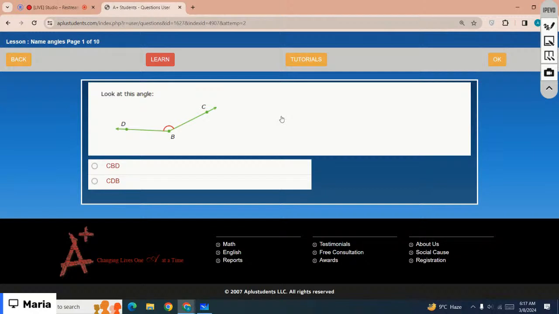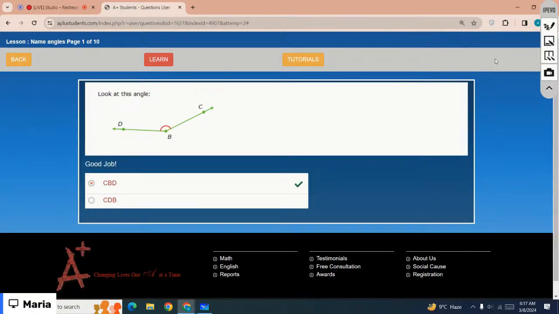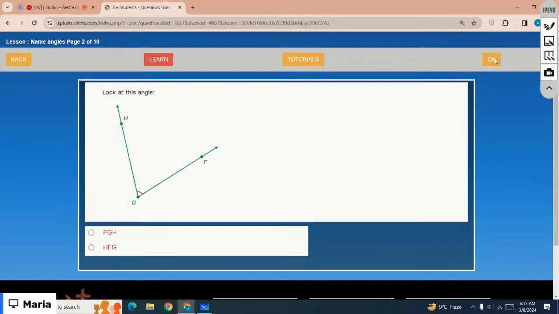Because D is the vertex, so D must be in the middle. Sorry, CBD, B is the vertex. Look at this angle, which is the correct option. That is FGH, right? Because G is the vertex, so G must be in the middle.